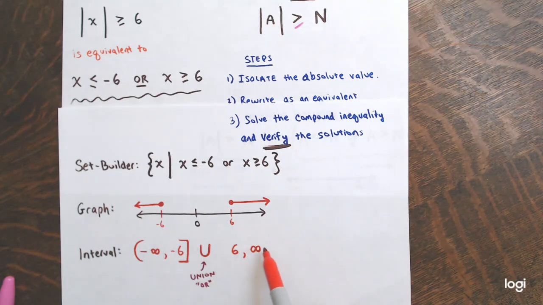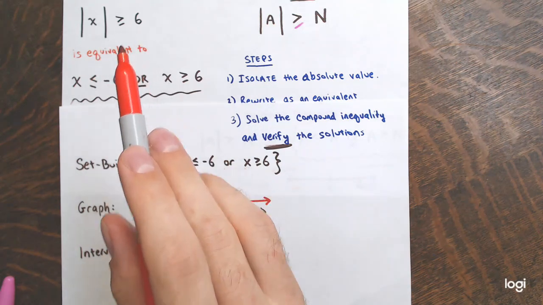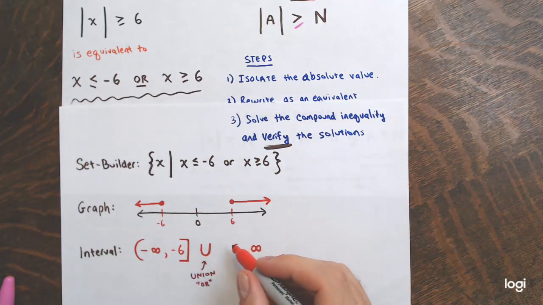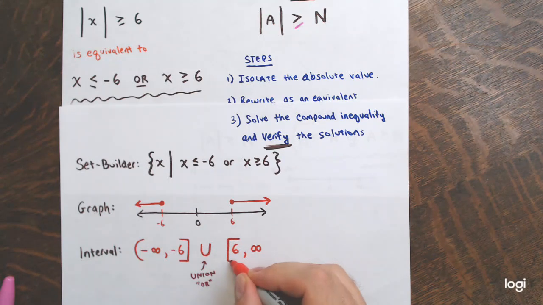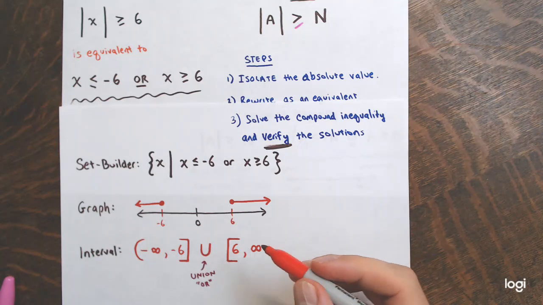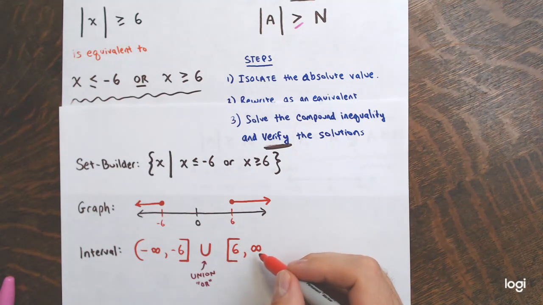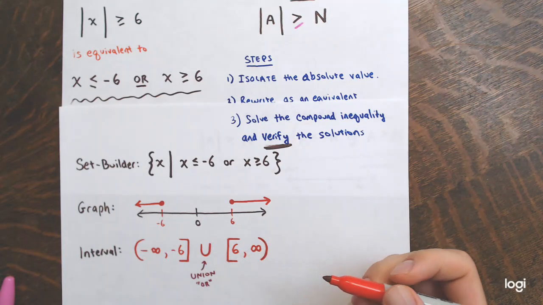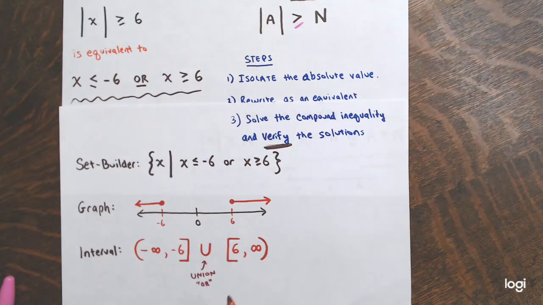Then we cap these off just like this interval here. 6 is a solution. 6 does make my initial inequality a true statement when I plug it in. So a rectangular bracket on that 6. And infinity is not a number, so infinity can't be a solution. You always cap off the infinities or negative infinities with a parenthesis.